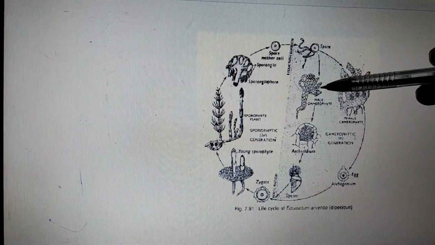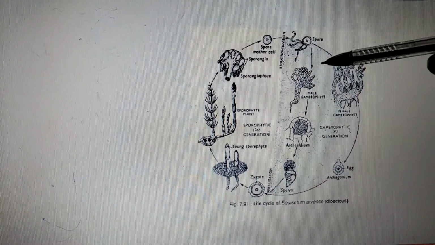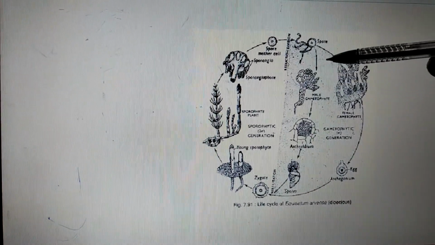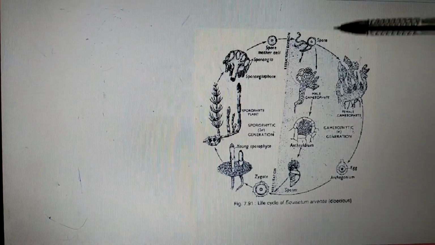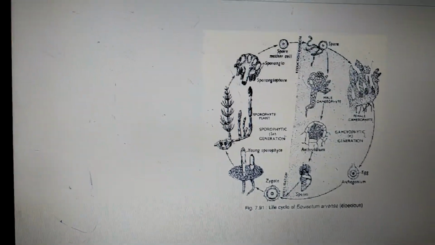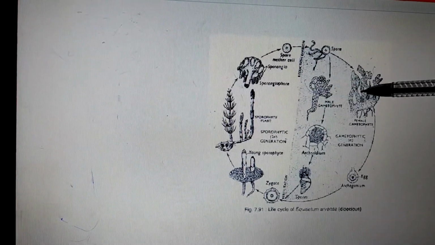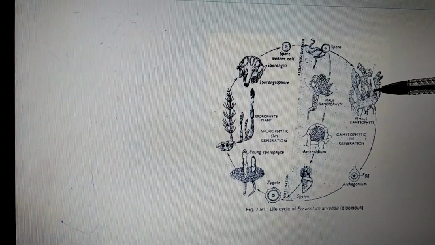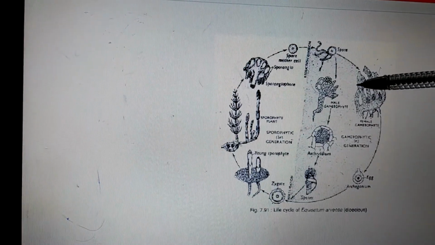Once the spore gets a suitable substratum, it anchors and germinates by rupture of the exine and intine, forming two cells, a smaller one and a larger one. The smaller is called the rhizoidal cell, whereas the larger is the prothallus cell. The rhizoidal cell forms the rhizoid, through which it adheres to the substratum, and the larger cell forms the entire prothallus, which is homothallic in nature, in the sense that it forms both male and female sex organs.